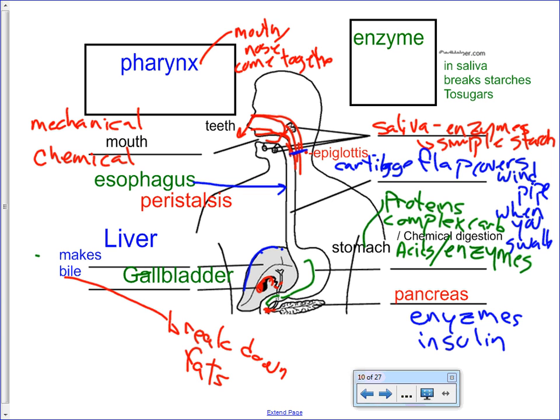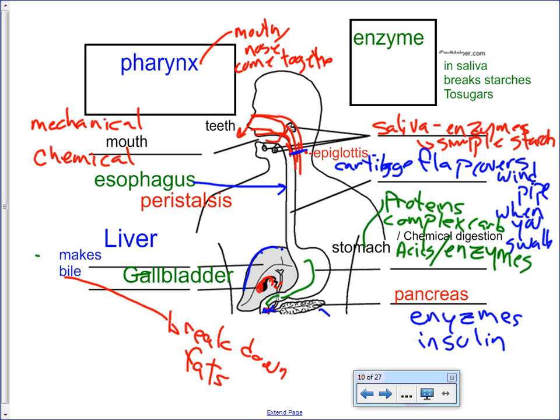What does insulin help us regulate? Blood sugar, right? So as you eat sugars, as your blood sugar changes, your pancreas can produce more or less insulin that helps regulate that in the bloodstream. It also produces enzymes.